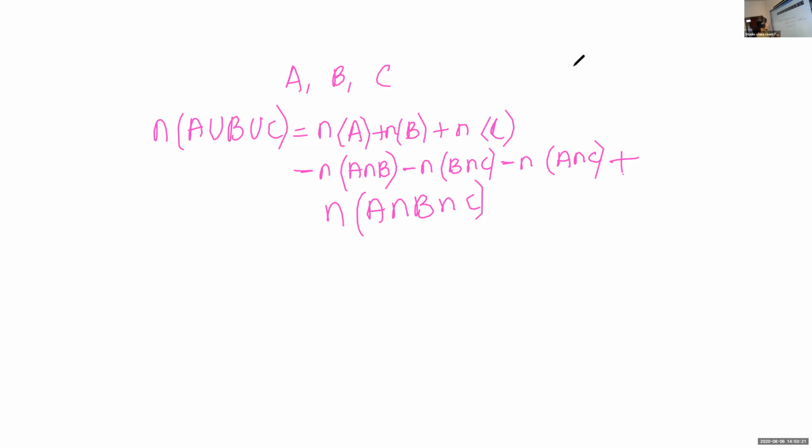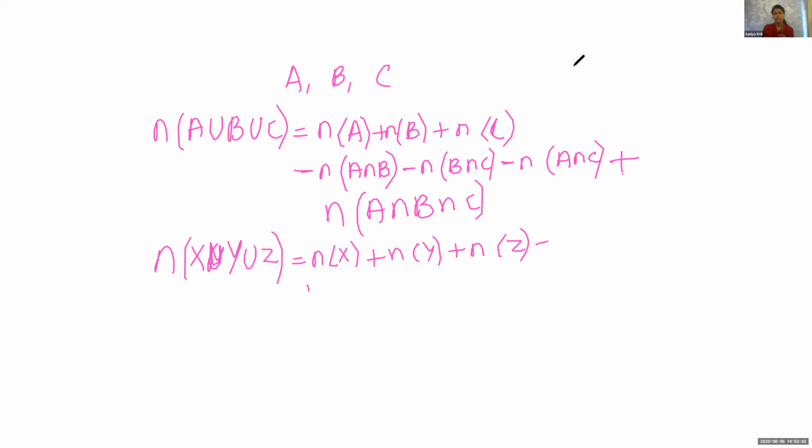Okay, now the same thing you can apply for x, y, z. Sania, what is N of x union y union z? N of x plus N of y plus N of z minus N of x intersection y, minus N of y intersection z, minus N of x intersection z.